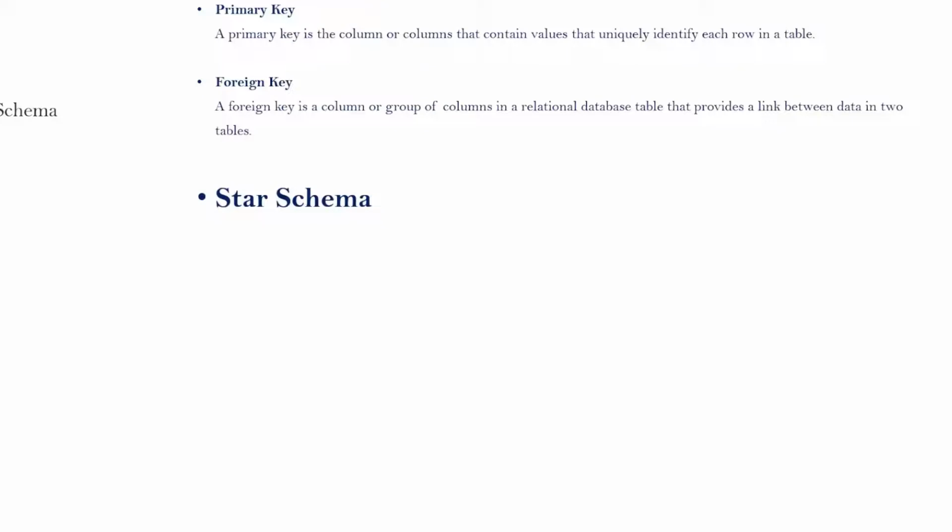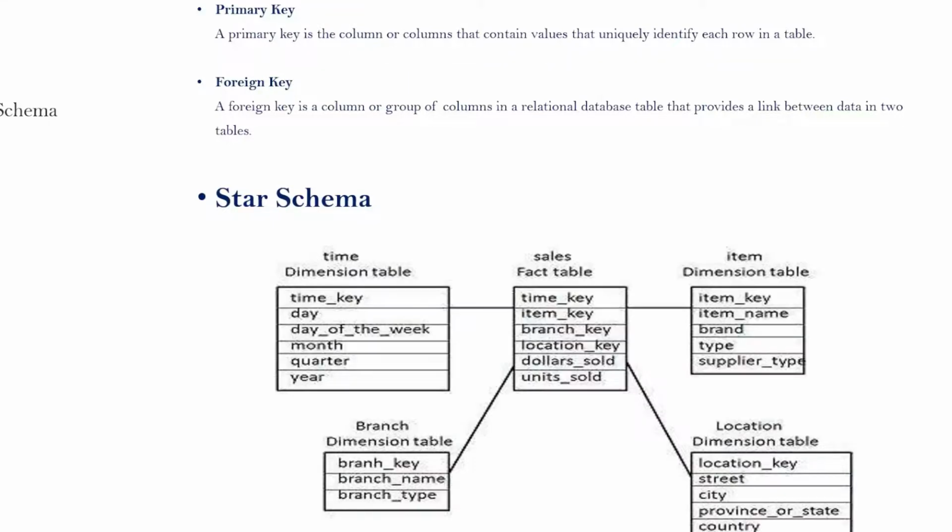Then we will come back to the star schema, the actual topic. There we'll again see what primary key and foreign key are. I'm just giving a kind of picture here. If you visualize it, it looks like a star, and that is why we call it a star.